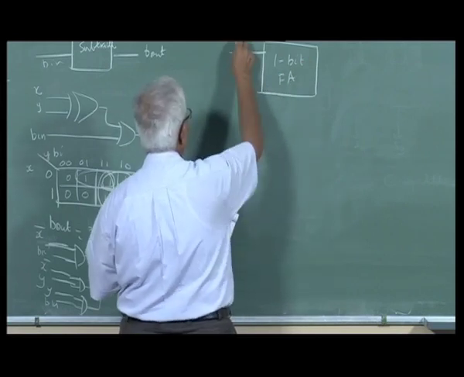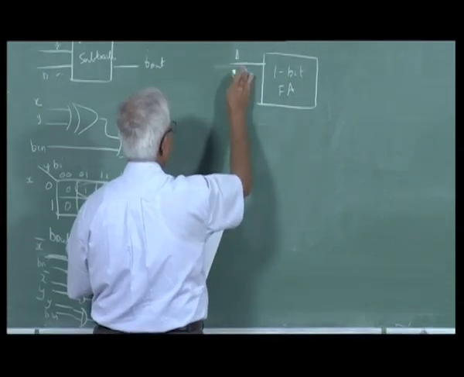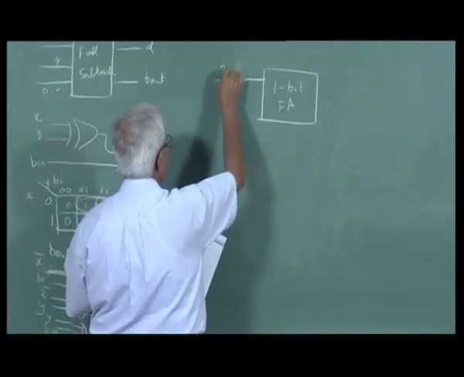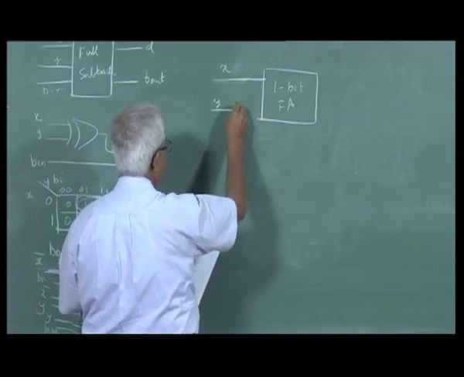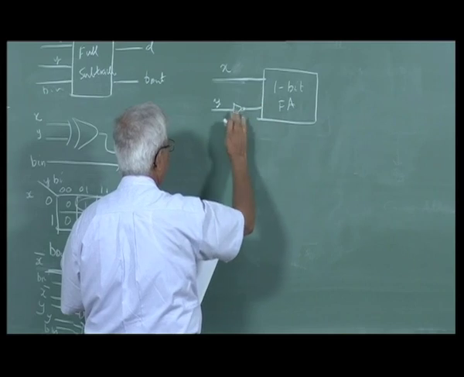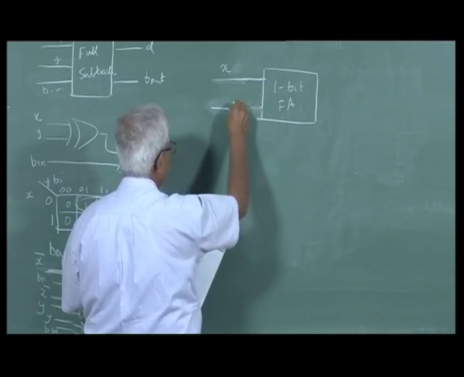I feed A and number X, you want to call it X is fine, and Y I invert it. What is a 1's complement number system? Inversion of each bit.